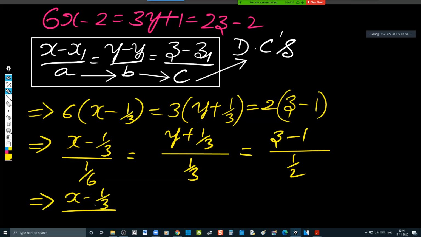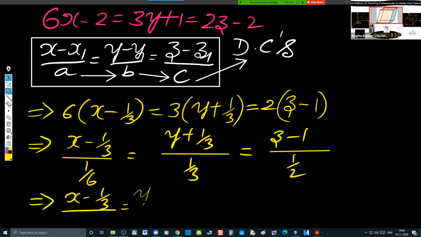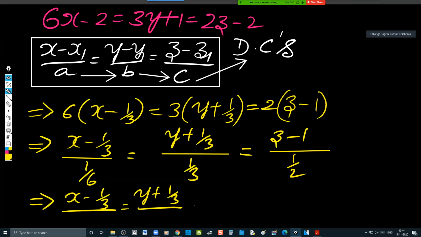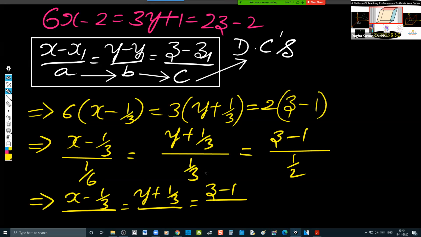Praneeth, what is the LCM of 6, 3, 2? Sir, 6. You are struggling a lot.